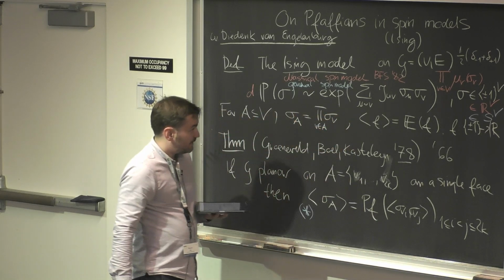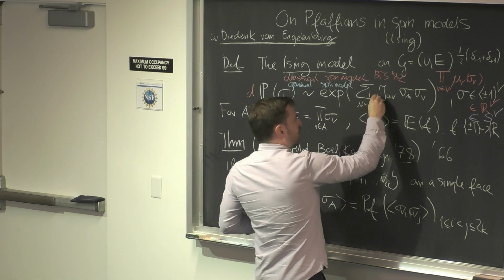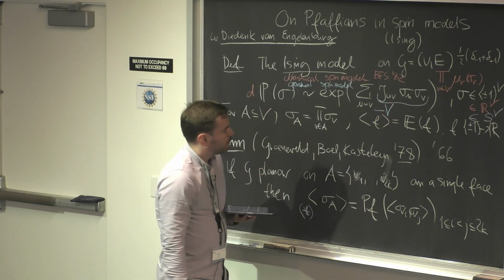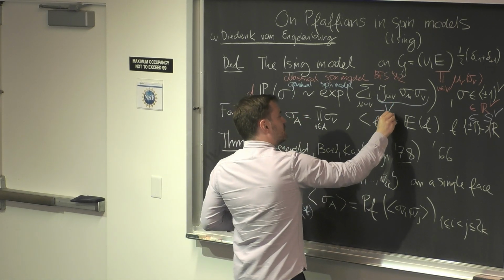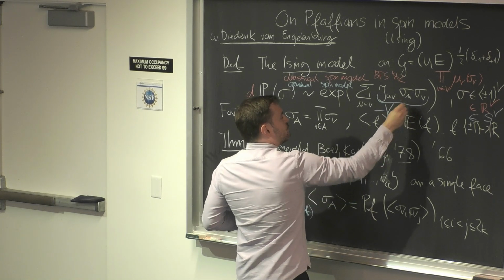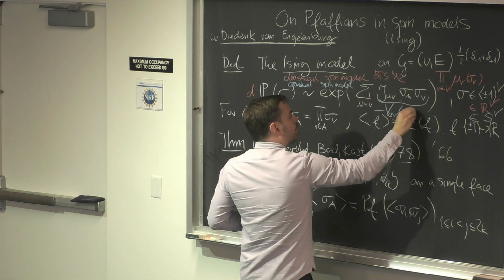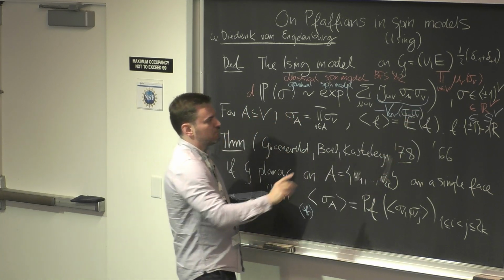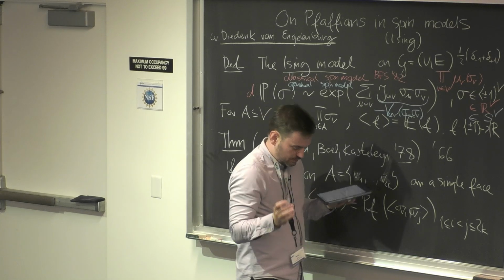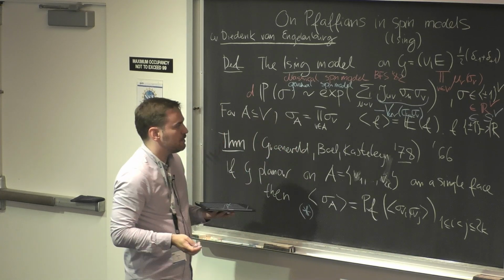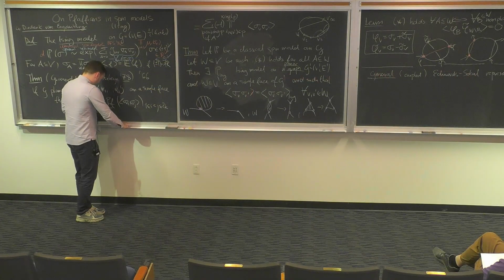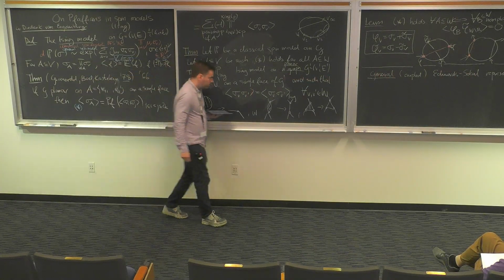So every spin is in S. And then instead of that term here, I have minus the potential function. So for every edge, I have some potential function which looks at these 2 spins, sigma u, sigma v, and tells you what is the energy of that configuration. And abstractly, it can be any function. OK, so this is a general spin model for me.